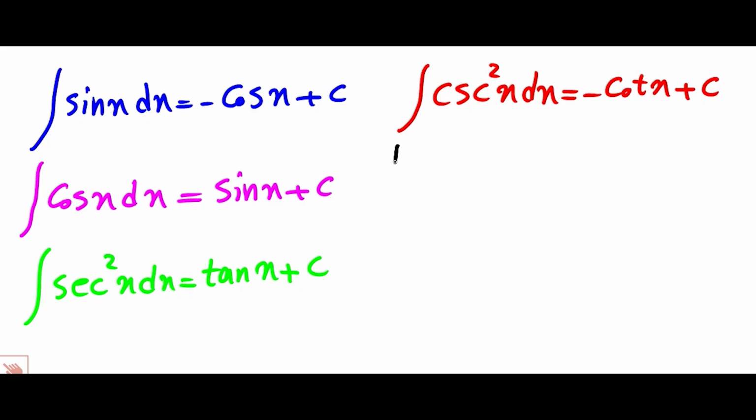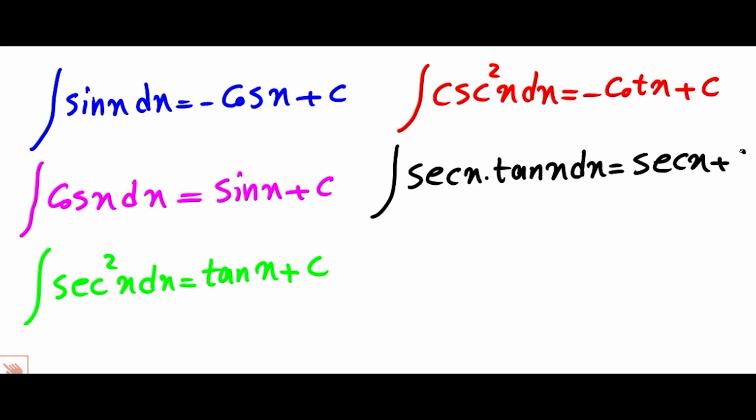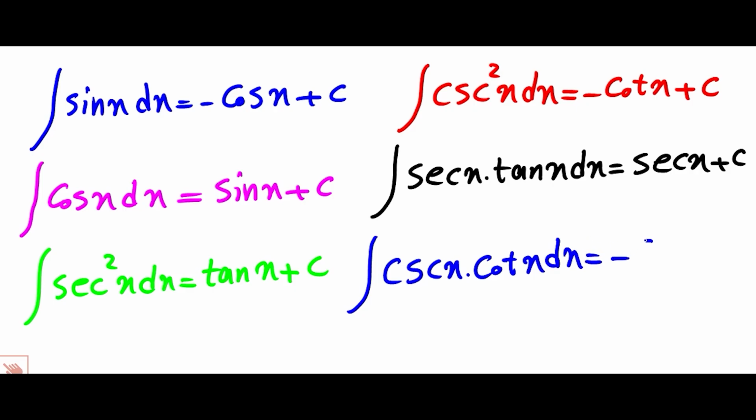Number 5, the integral of secant x times tangent x dx equals secant x plus c. And finally, the integral of cosecant x times cotangent x dx equals negative cosecant x plus c. These are the basic trigonometric integrals that come directly from derivative formulas.